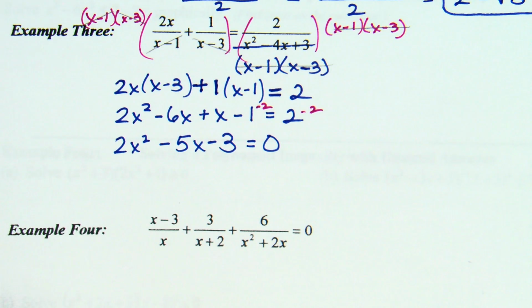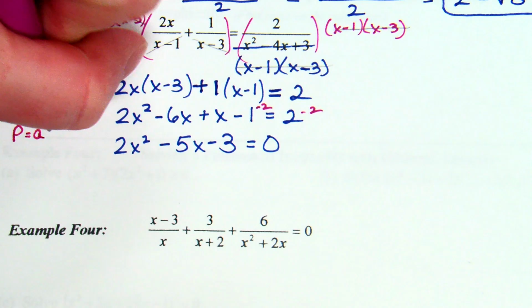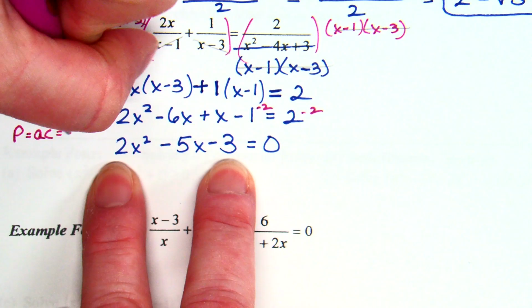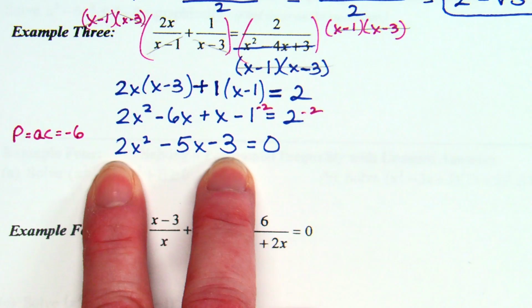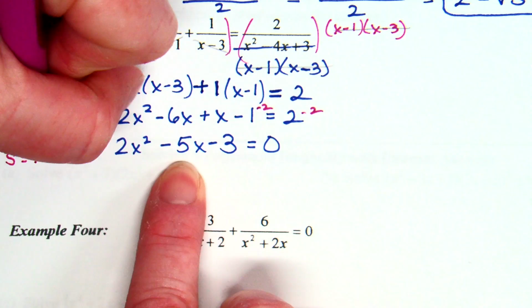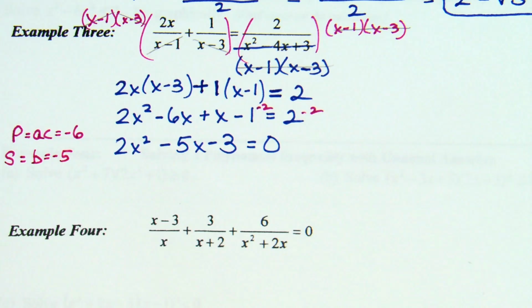So when I say product of AC, that means product of 2 times negative 3 or negative 6. And a sum of the B term, which is negative 5. What multiplies to be negative 6 and adds to be negative 5? In order to get the signs to work out, you have to use 6 and 1.